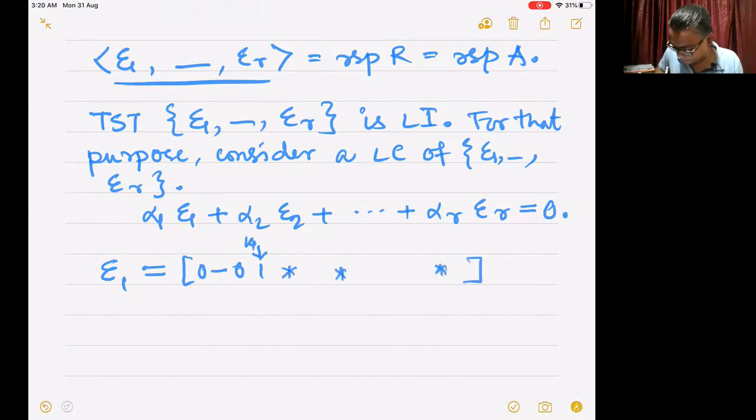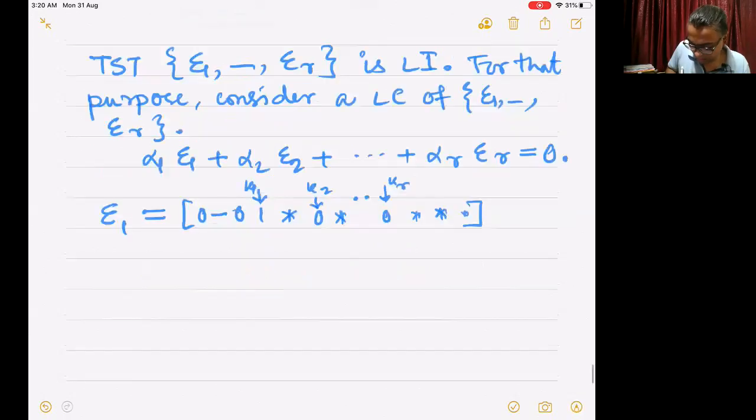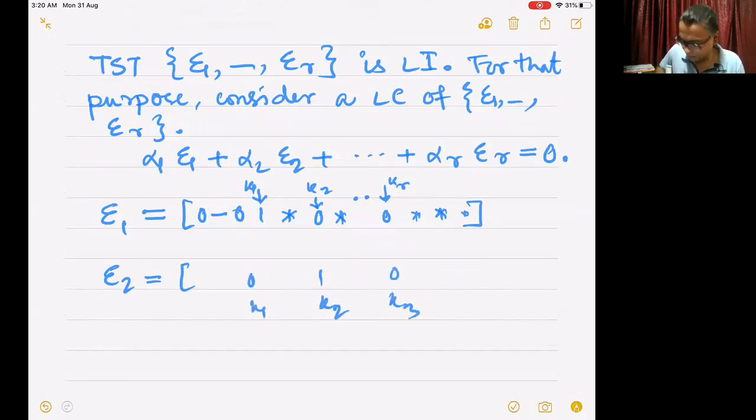But of course, it was guaranteed that at all the other k positions, that is k2 and so on, up to kr, there will be zeros. Everything else could be zero or non-zero. Okay. Similarly, epsilon 2 will have a 1 at the k2th position. For all the other k positions, it will be 0. But everywhere else, it will be unknown.